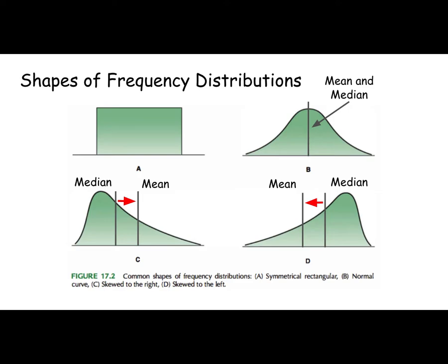And when I first started looking at these charts and when I was first introduced to the concept of skew, it seemed to me that it was entirely backward, that the frequency distribution in this figure, letter C, is clearly skewed to the left because that big hump is clearly going to the left.